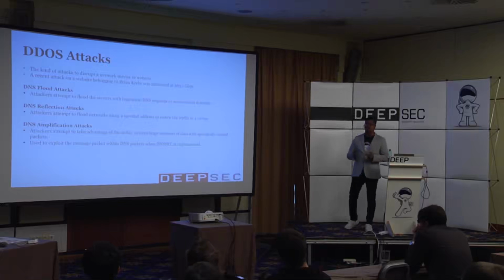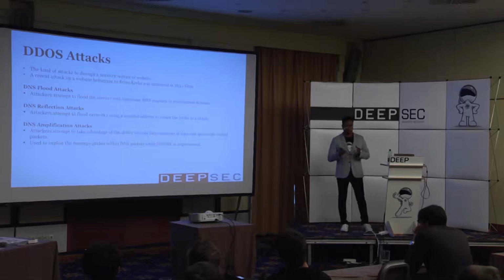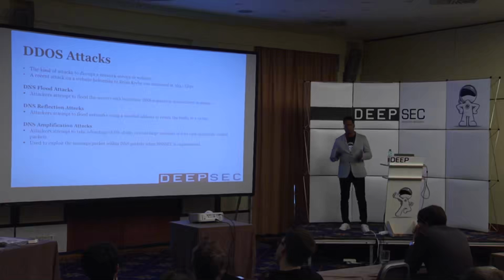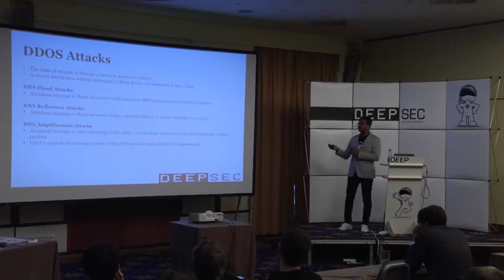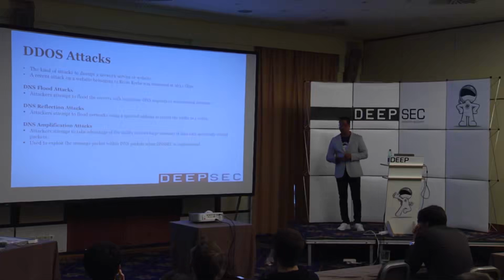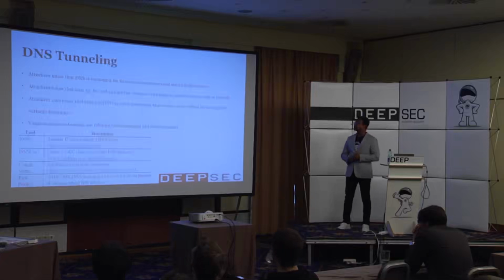And then amplification attacks are the ones in which, suppose you provide 10 bytes of data, and the server returns you a big amount of data, like 1,000 bytes of data in that context. So if the server is returning a large amount of data to your short amount of data that it receives, it would result in an amplification kind of attack.